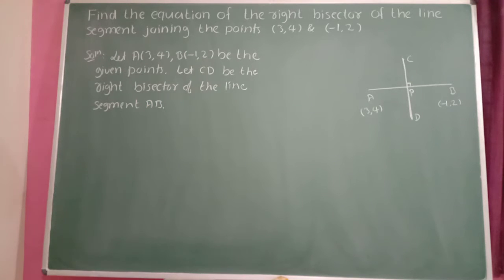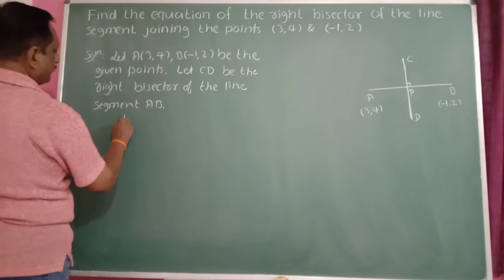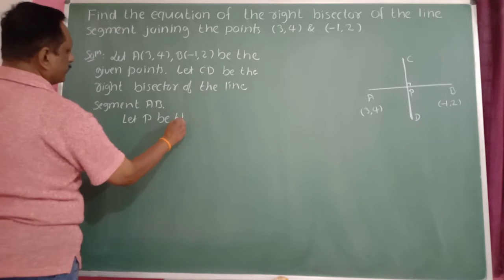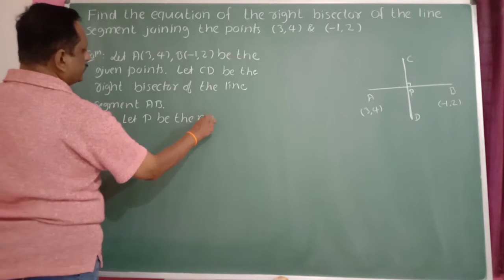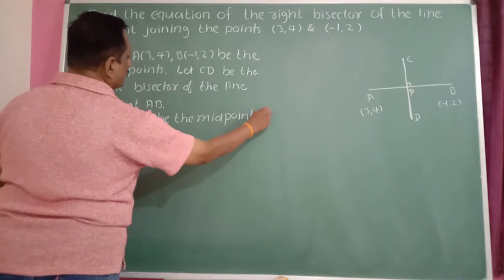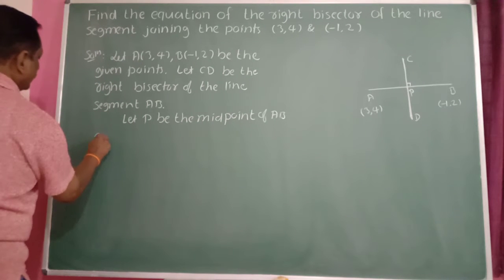Let P be the midpoint of AB. So use the midpoint formula.